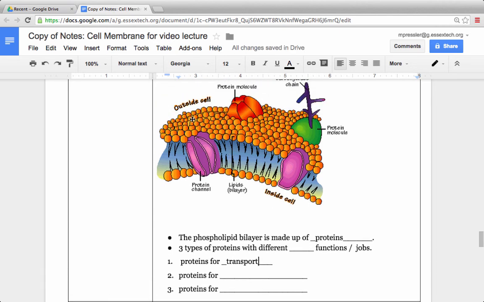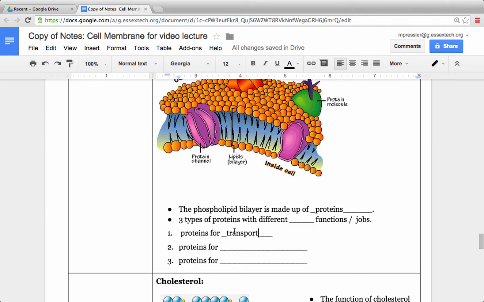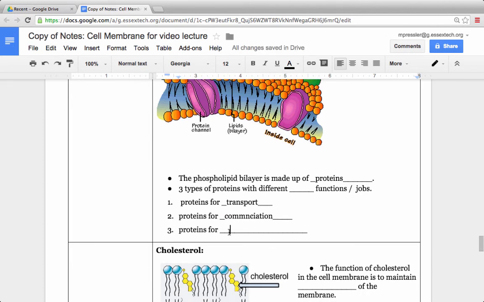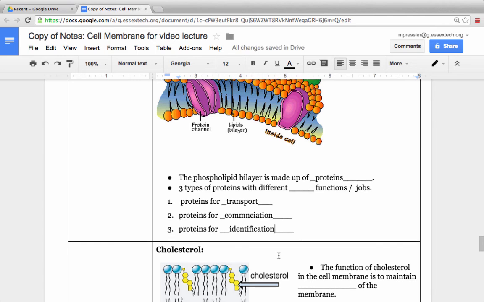Okay. If there's a large molecule, a carbohydrate molecule that needs to get in, it'll head right in through the protein channel. Okay. There are proteins for communication, to make sure other cells are doing their jobs right, and proteins for identification. Is that a good cell or a bad cell?